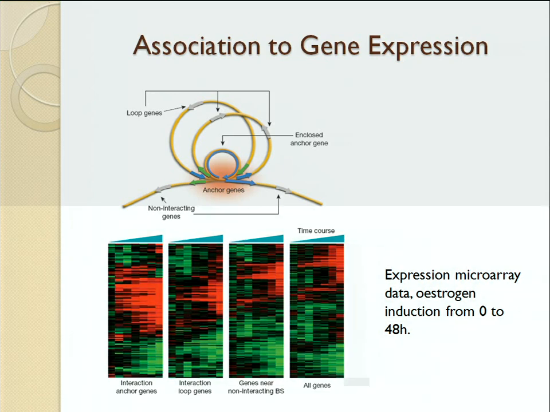The genes are divided into three types. The first type is genes in the anchor region, the binding site. The second type is group genes, which means they are in the middle of the interaction, and the third category is genes not in or near the group. Then we do the microarray analysis. Microarrays generate time-course expression data.